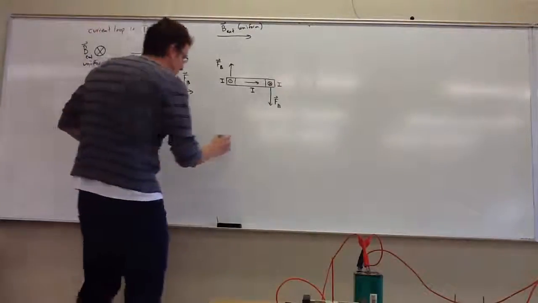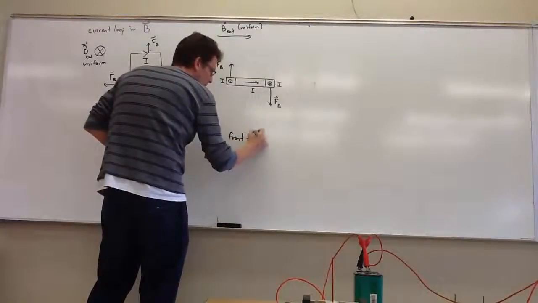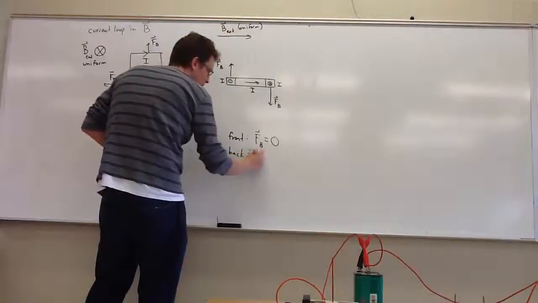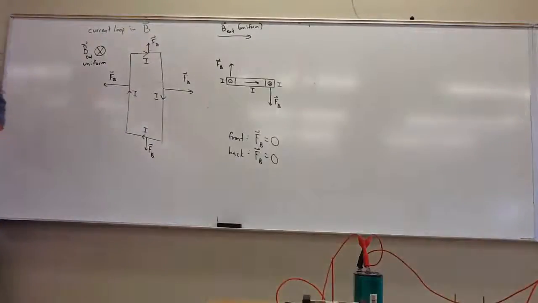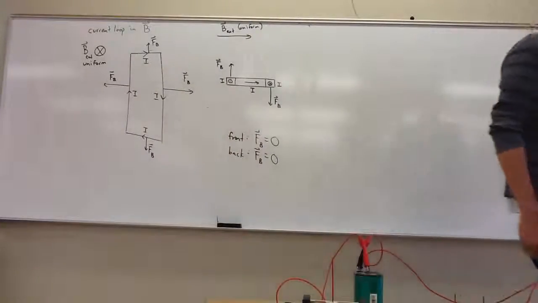So the front segment, the force is 0, and the back segment, it's also 0. Because those currents are moving parallel and anti-parallel to the field, and you have to have some component that's perpendicular for anything to happen.